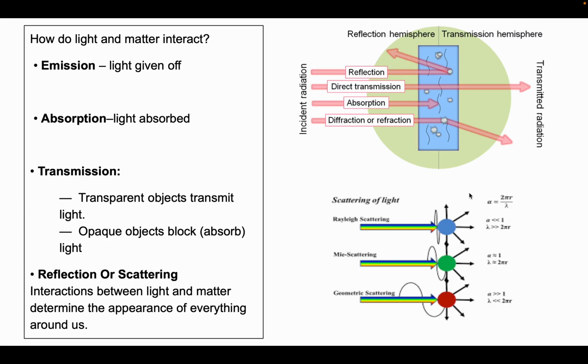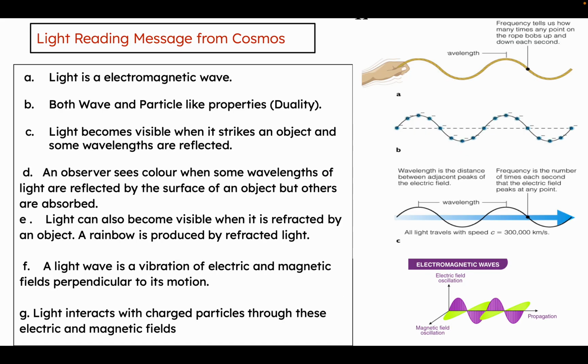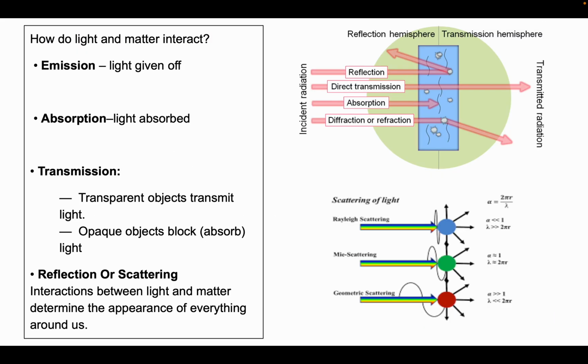Now we have shown that light interacts with matter. There are different ways that light can interact with matter: one is emission, one is absorption, and another is transmission. First, consider absorption. Suppose there is some source of light or incident radiation falling on this surface.